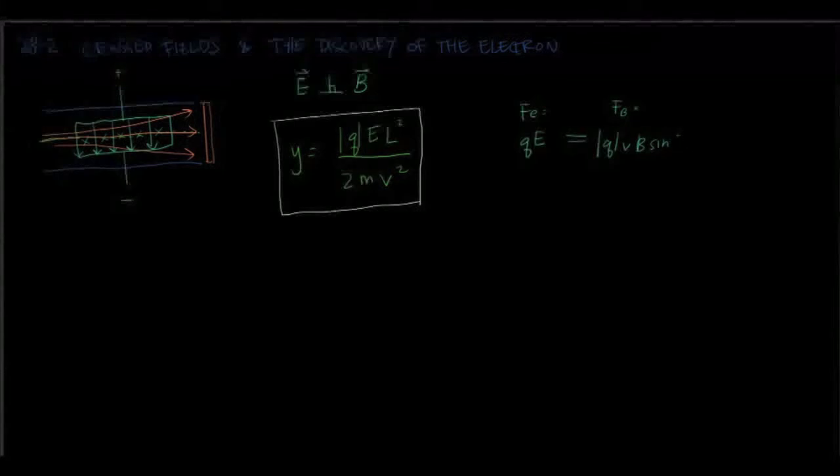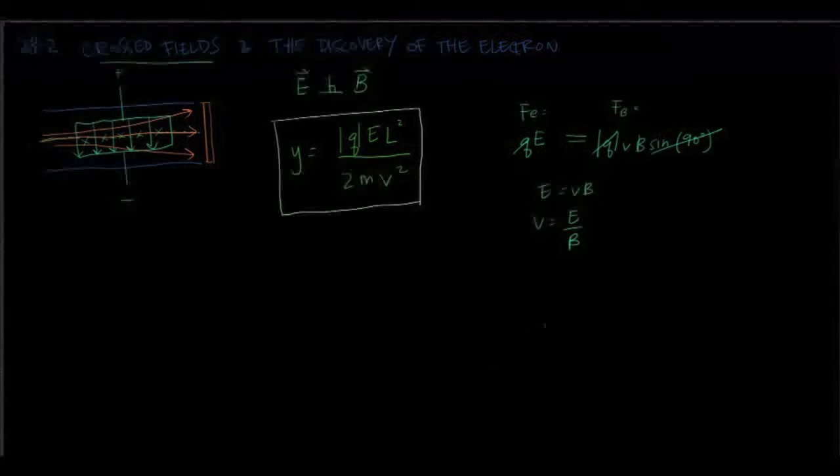Since they're perpendicular in this case, because as we know from the definition of crossed fields, the magnetic field and the electric field are always perpendicular, this is 90 degrees, and so you can cancel that out. Then you can also cancel out the charges, and you're left with E equals vB, which you can rearrange to mean v equals E over B.